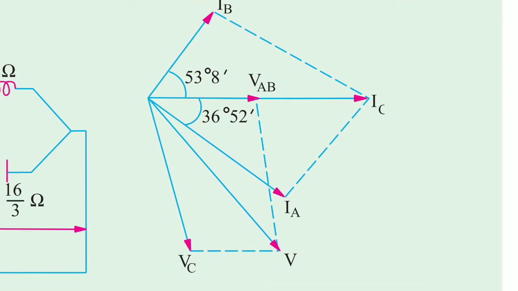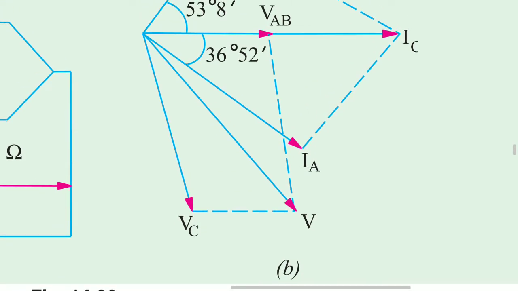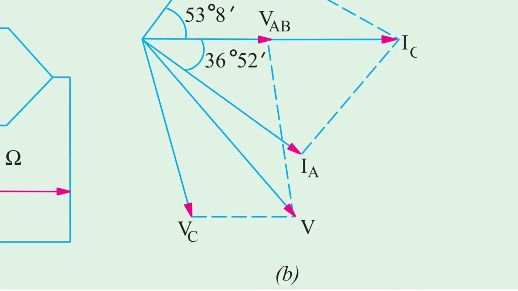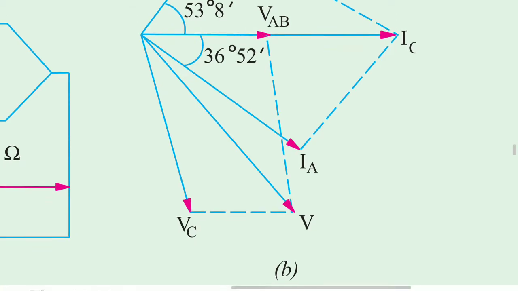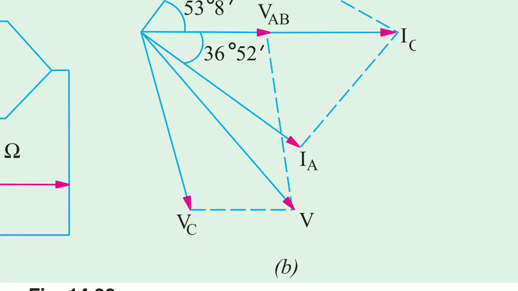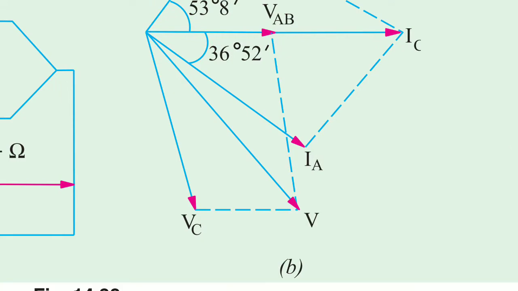First you have to see the voltages. Here VAB and VC are calculated. The VAB and VC combined, as a resultant, give the voltage V.